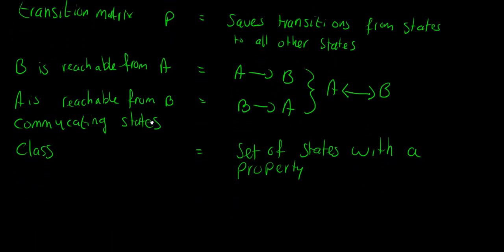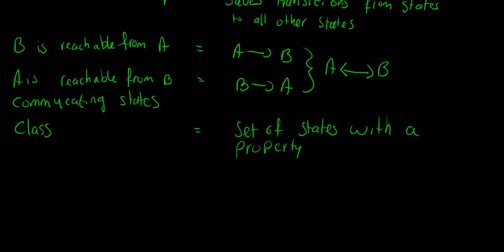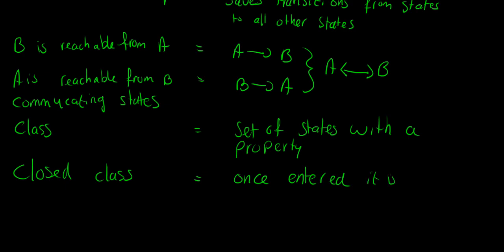Well, since we have a communicating class or communicating states, we also can have a closed class, which means that once you enter states in this class, you cannot leave these states. It is impossible to leave. So you can only transition to states that are within this class.